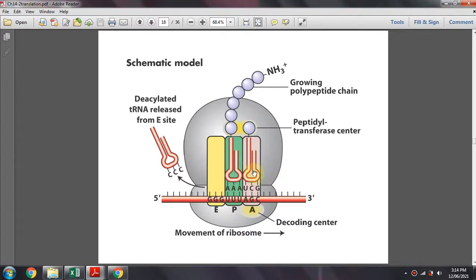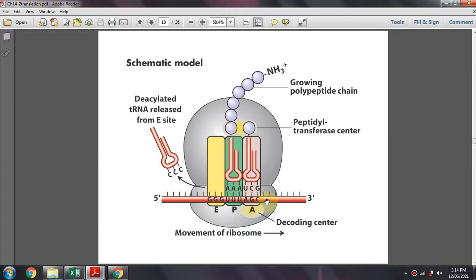Next tRNA, bringing the amino acid dictated by next codon, binds in A site. So peptide bond forms between amino acid number 1 and amino acid number 2, methionine and, say, glycine. Okay, peptide bond forms between two. Now ribosome moves one codon ahead.